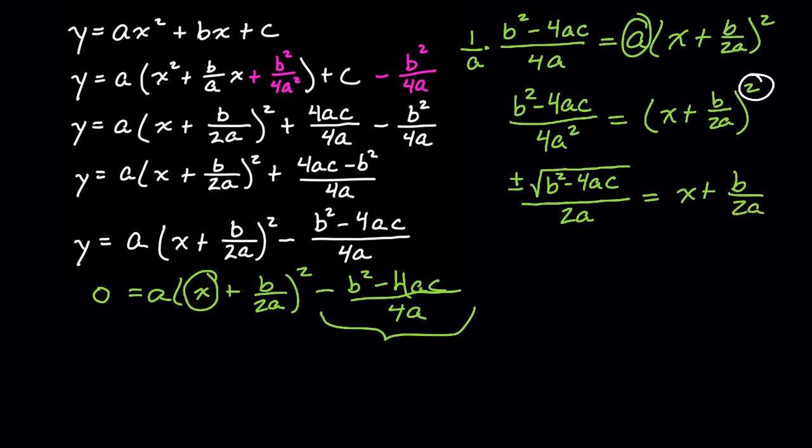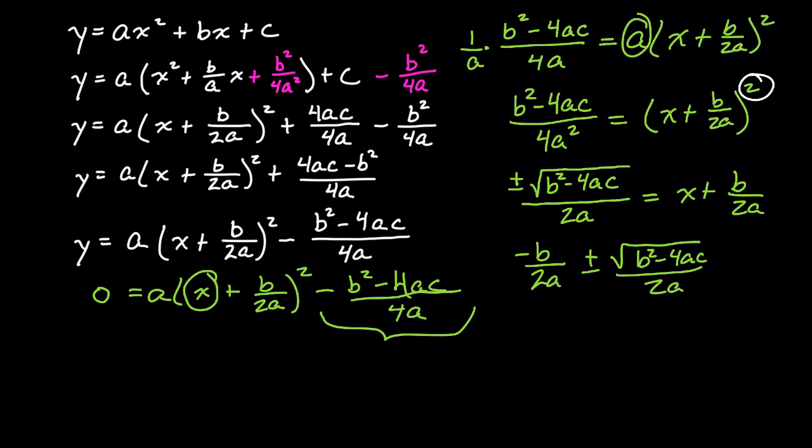All right, so now we're going to move the b over 2a to the other side by subtracting it. That's going to give us negative b over 2a plus or minus the square root.